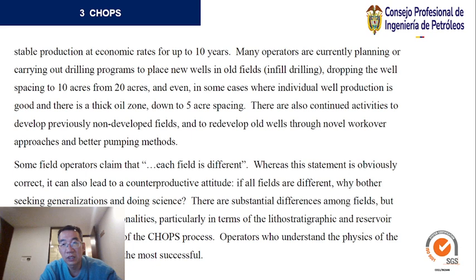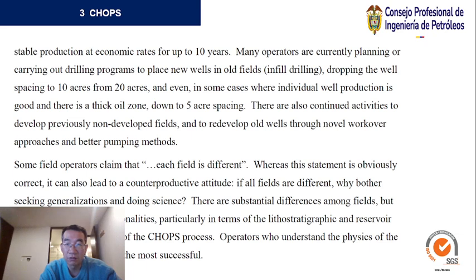There are also continued activities to develop previously undeveloped fields and to redevelop old wells through novel workover approaches and better pumping methods. Some field operators claim that each field is different, which is obviously correct. It can also lead to a counterproductive attitude.